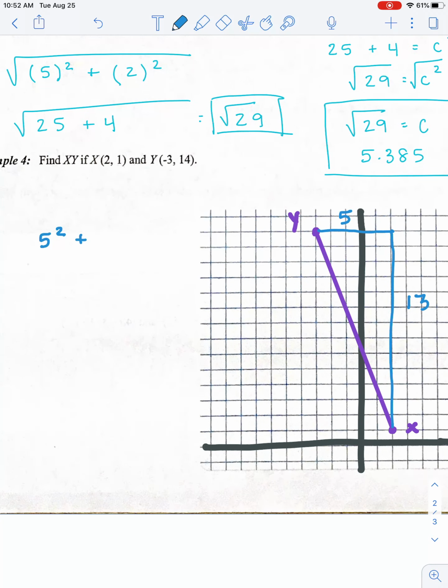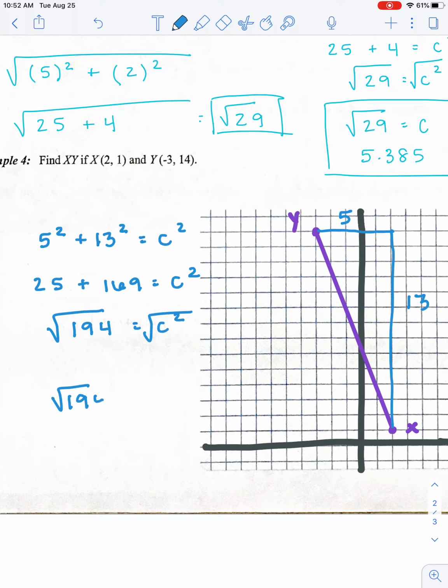So I would do 5 squared plus 13 squared equals c squared. 5 squared is 25. 13 squared is 169, and then c squared. Add the 25 and 169, you get 194. Take the square root of both sides. And so my answer is the square root of 194. If you did this, you should get the exact same answer.